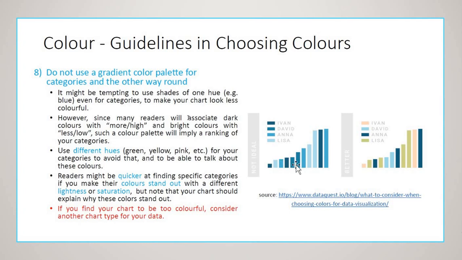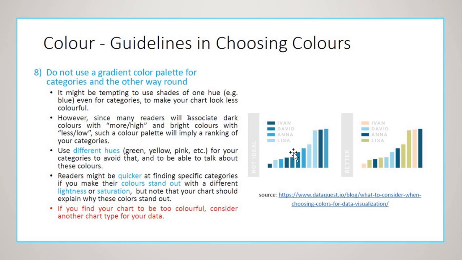Biasanya untuk ranking lah kalau lebih terang, kurang terang. Jadi tak sesuai untuk you nak represent orang yang berbeza. Ivan, David, semua ni kena guna colour yang berbeza. Tidak boleh guna satu tone sahaja. Use different hues, green, yellow, pink, etc.